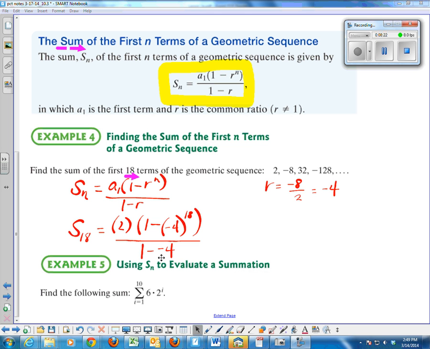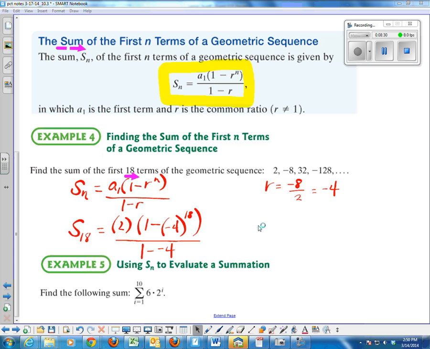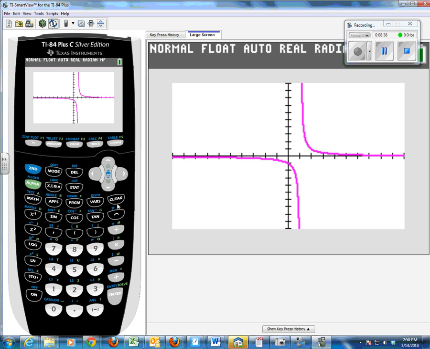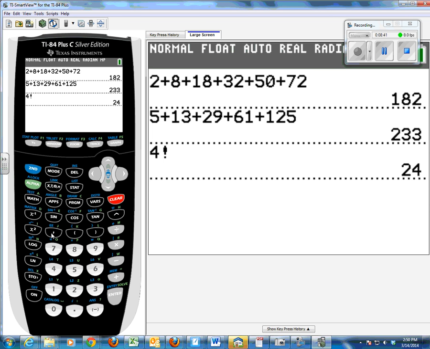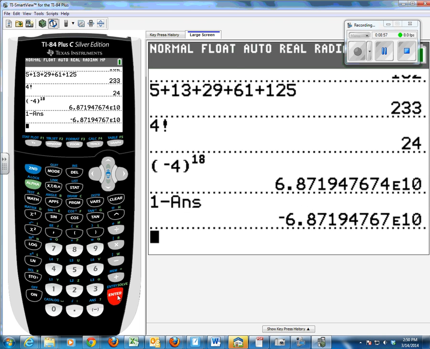Putting this in the calculator can be kind of tricky, so let's take a second to get out calculators and calculate this. So first you need -4 to the 18th power. We're starting with what's in the parentheses there first. Okay, then you want 1 minus that answer. Then multiply that by 2.